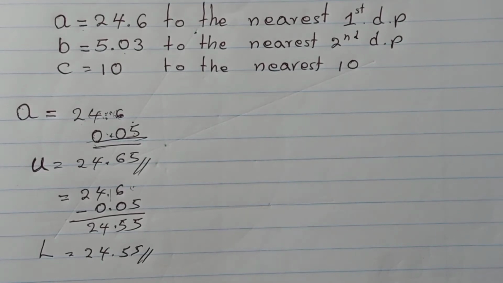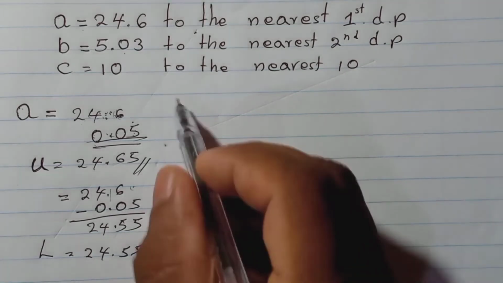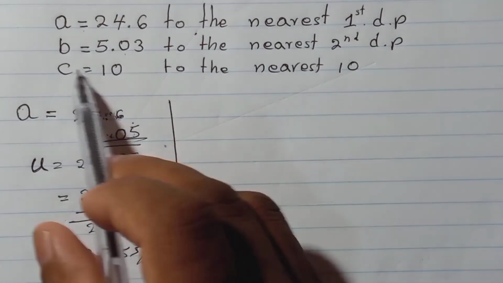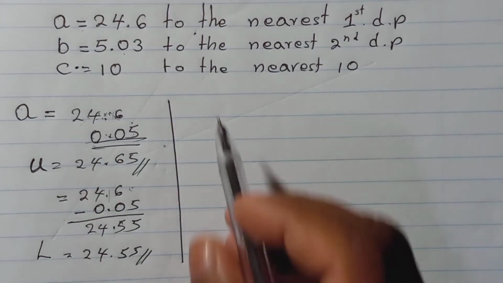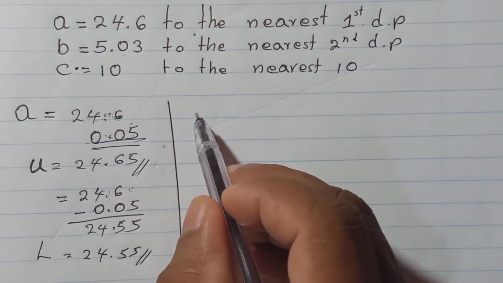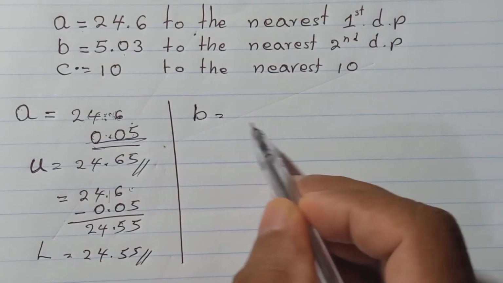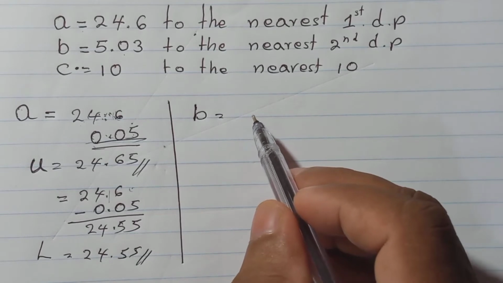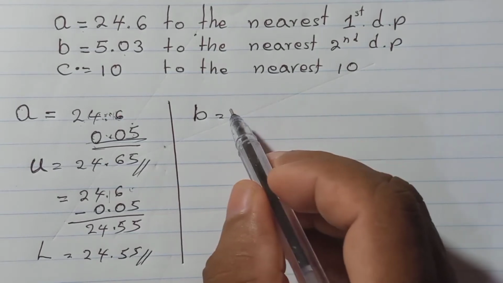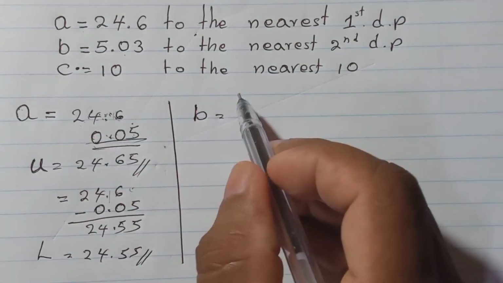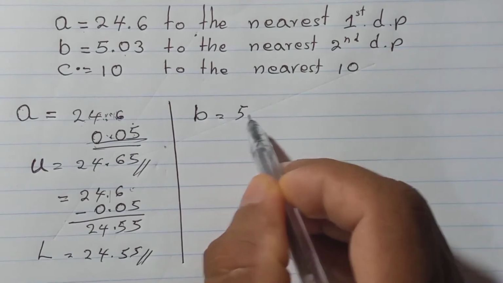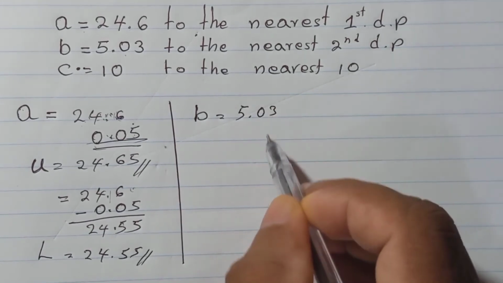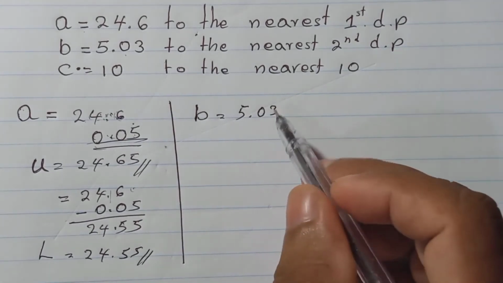That's the idea when you have 24.6. Now, the same way I need to do for these two also. Now for B, we have 5.03. What number should you add and subtract?